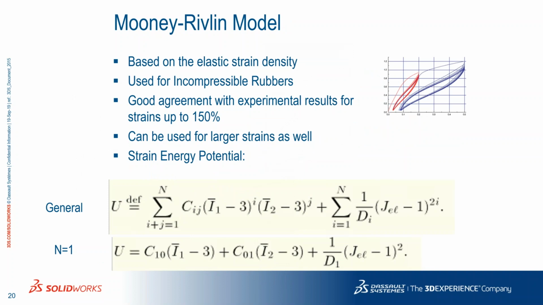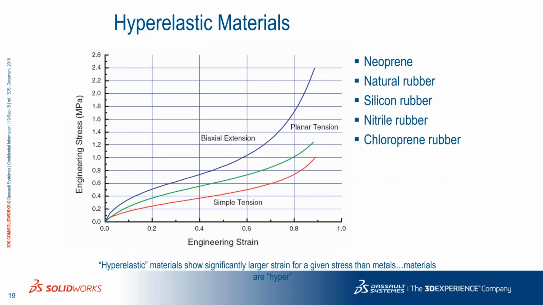Here I have a polynomial approach that is called the strain energy potential, and I have here the general formula in the middle, and a special formulation where N equals 1, that is the simplified Mooney-Rivlin model, with just C10, C01, and D1. Think about these kinds of curves.